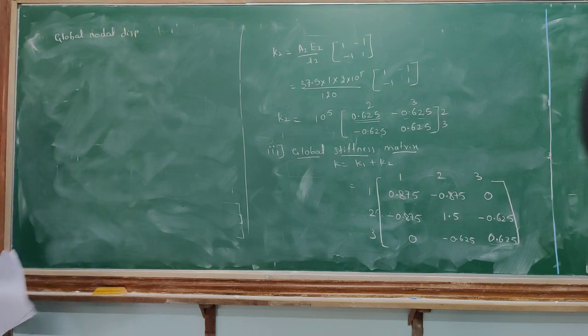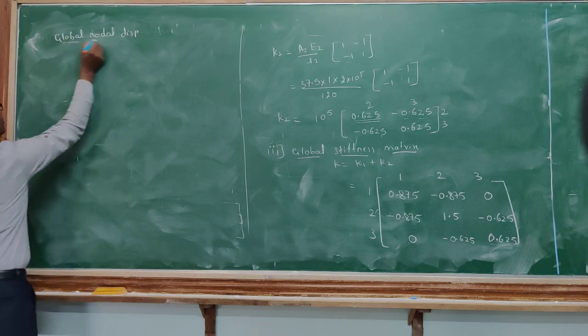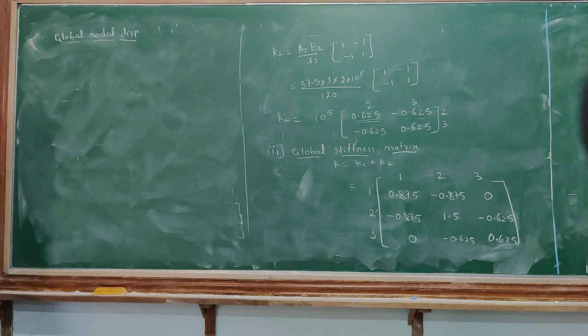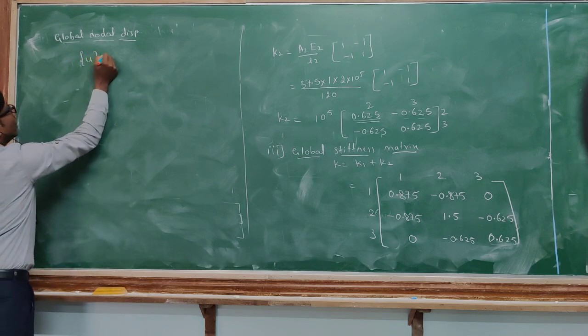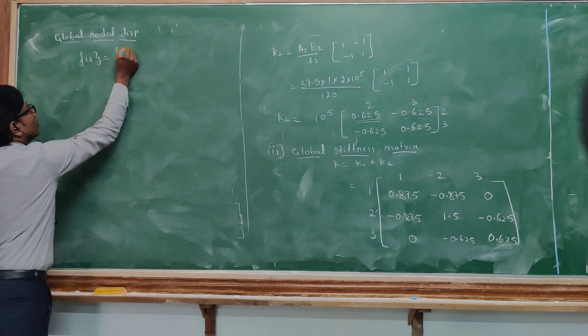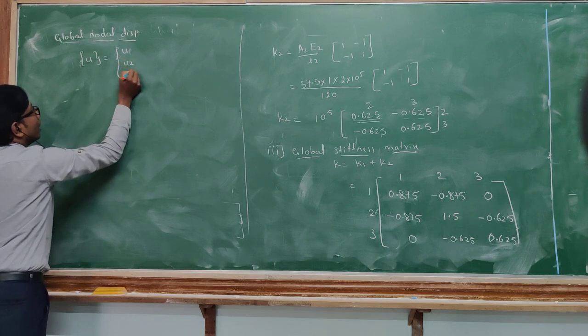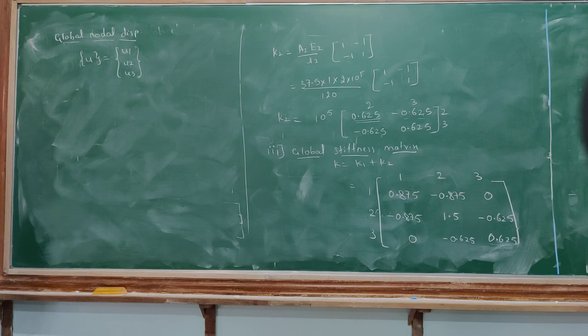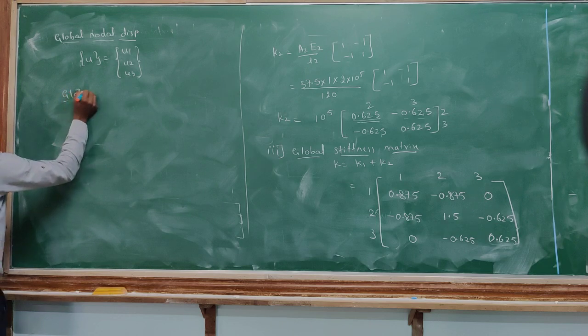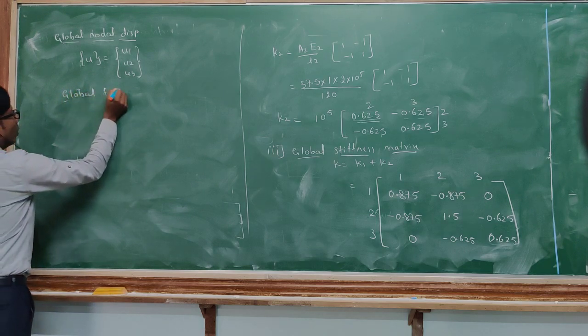What are the displacements which are possible for this particular problem? I will name them u, which will be u1, u2 and u3. These are the 3 displacements which are possible for this particular problem. Next, we will be going for the global force vector.